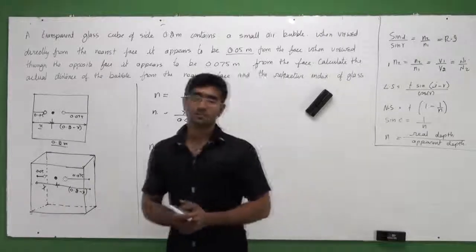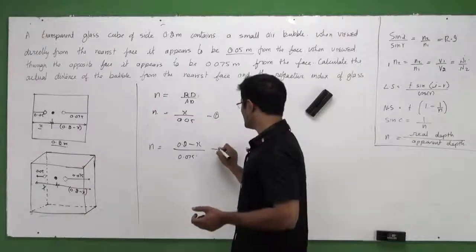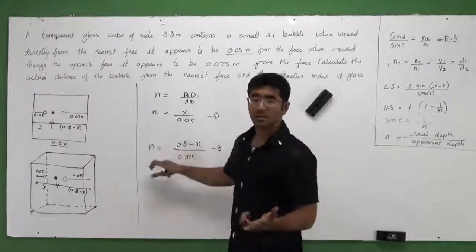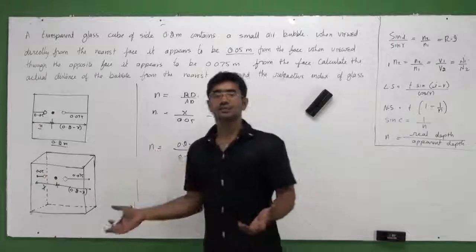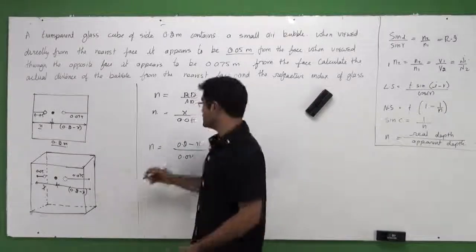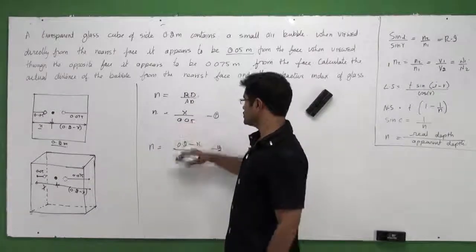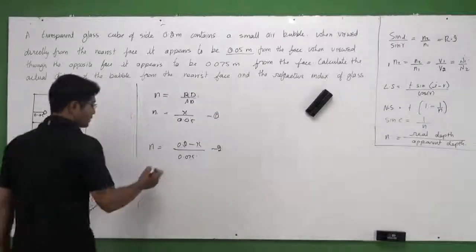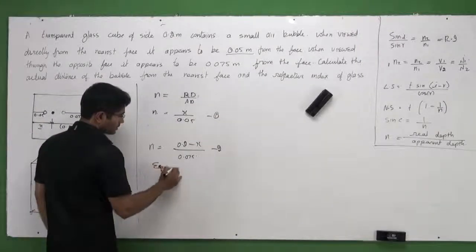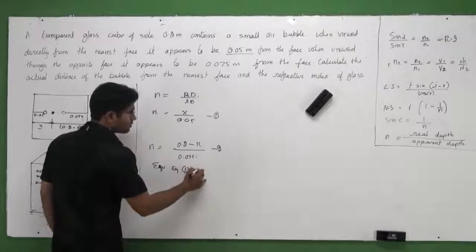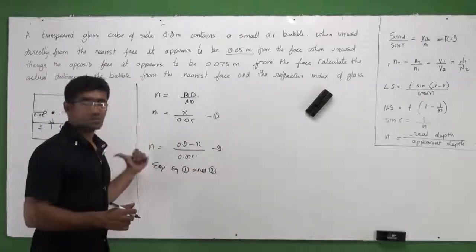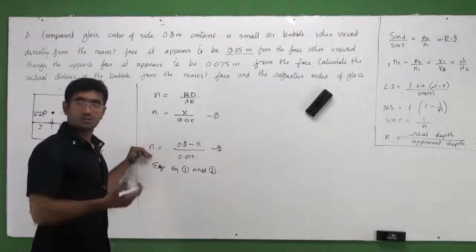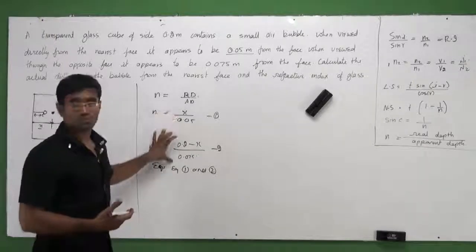Now that's all it is. In both cases, I have the refractive index of the same cube. Can I say that these two are the same? Exactly, because it is the refractive index of the same cube. So if these two are the same, these two should also be the same. I'll equate equations 1 and 2. Why am I doing this? Simply because this is the refractive index of the same box, and this is also the refractive index of the same box, so the right hand sides should be the same.